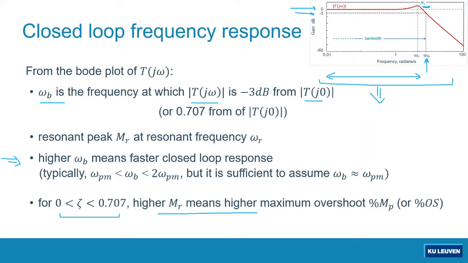When zeta is greater than 0.707, we typically don't see the resonant peak MR anymore. The peak is not so apparent when zeta is greater than 0.707.